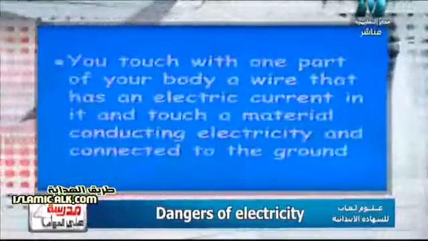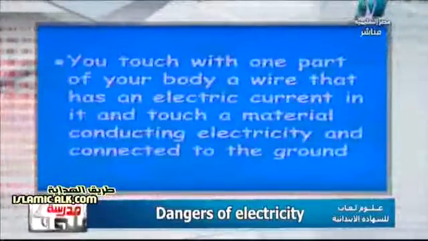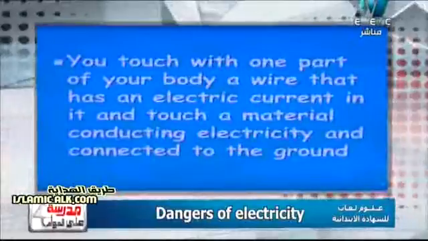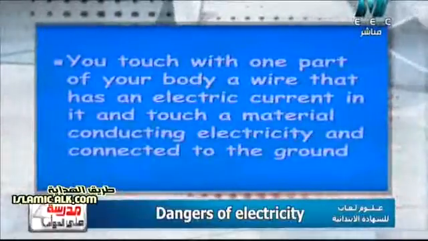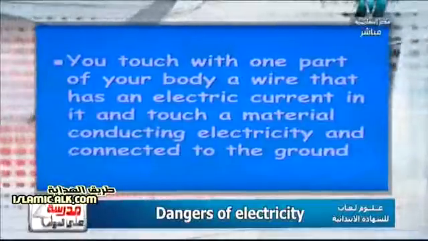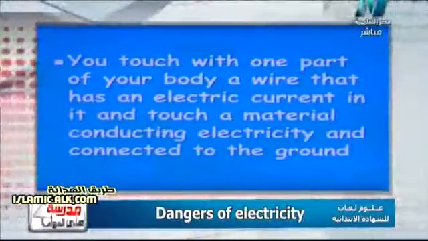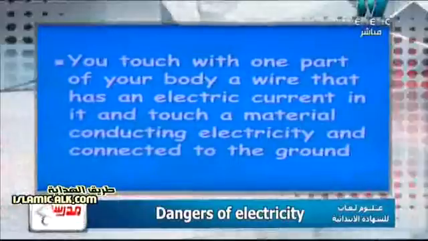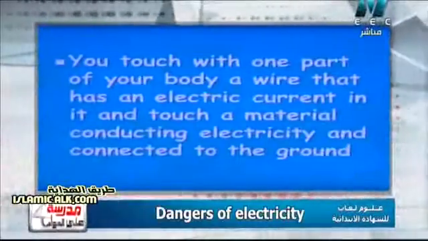Another reason: you touch with one part of your body, for example your hand, a wire that has electric current in it, and the rest of your body touches a material conducting electricity and connected to the ground, such as iron, copper, silver, nickel, water, the earth, or any material that conducts electricity, such as another human body, and touches the ground at the same time.